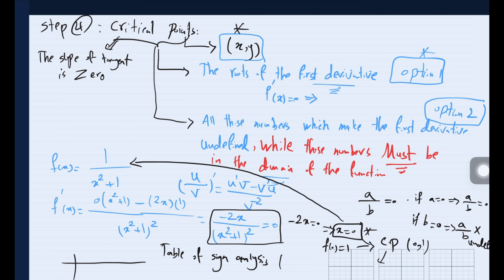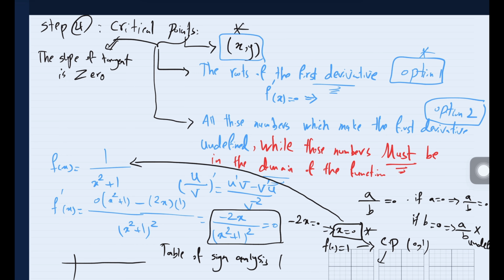So I have to plug in these two numbers into the first derivative. Why? Because I want to check the sign of the first derivative. Is that positive or negative?